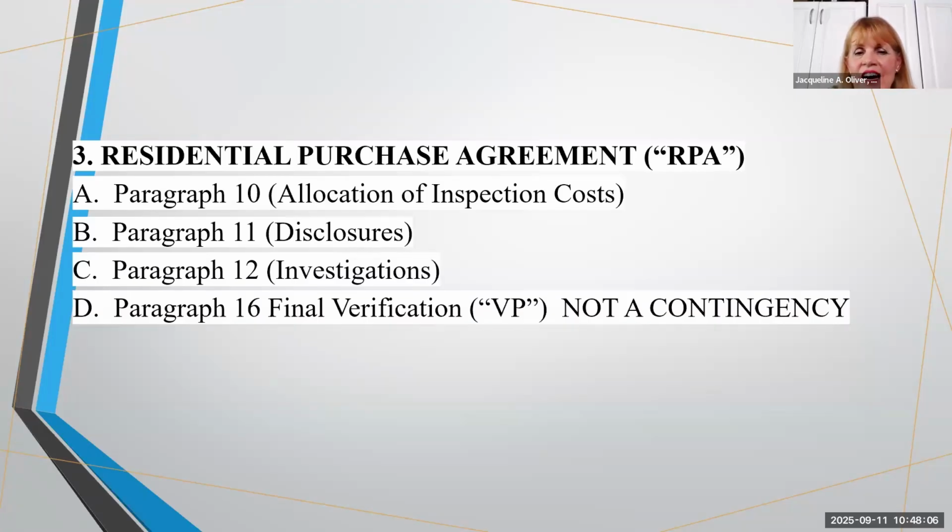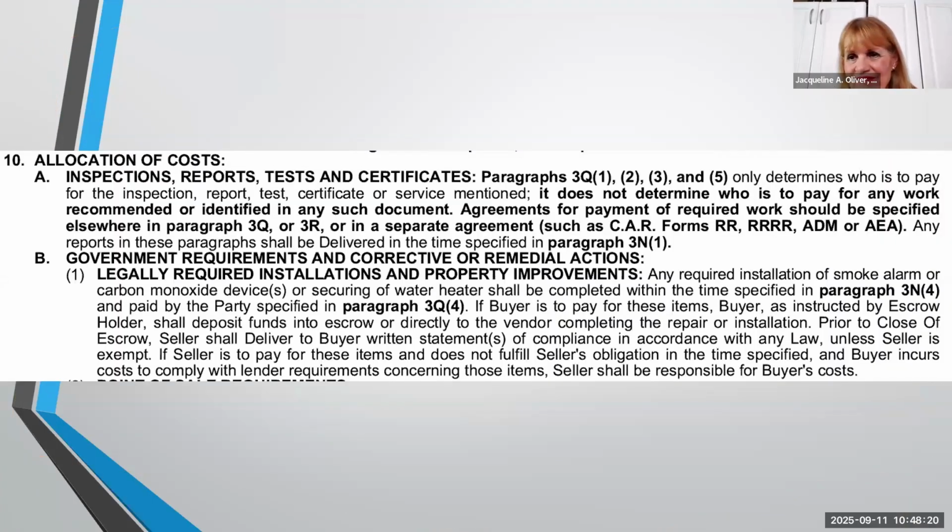The final verification is not a contingency. So they have to give another form. So what do they give them? They give them the notice to seller to perform. Hey, seller, you were supposed to do this by a certain time and you didn't do it. So you can follow through on that.